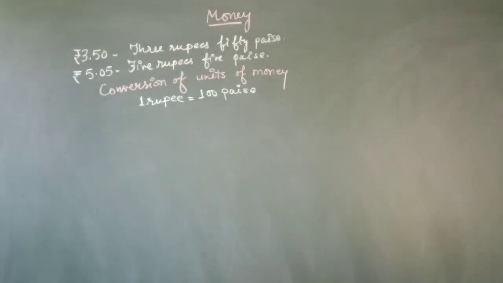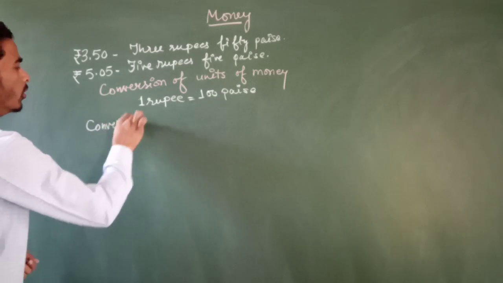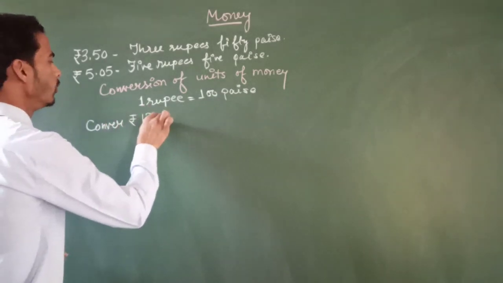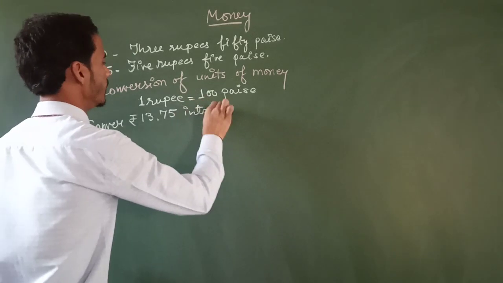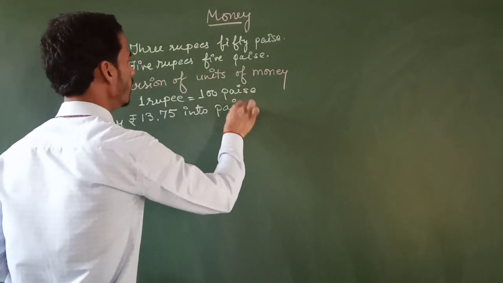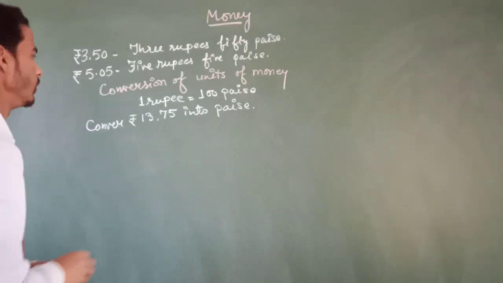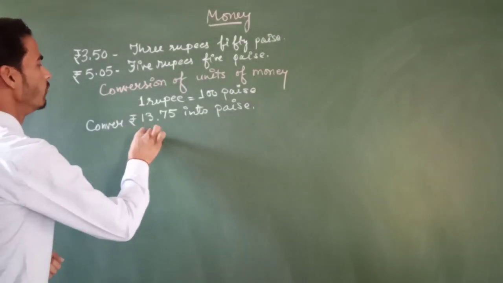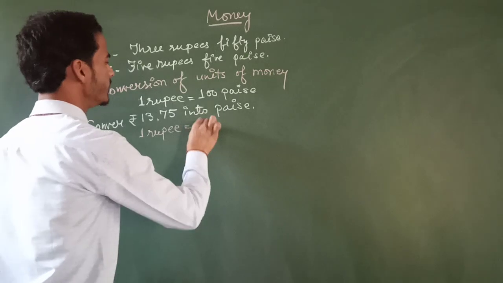Okay, there is an example. You have to convert 13 rupees 75 paise into paise. Firstly, we know that in 1 rupee there are 100 paise.